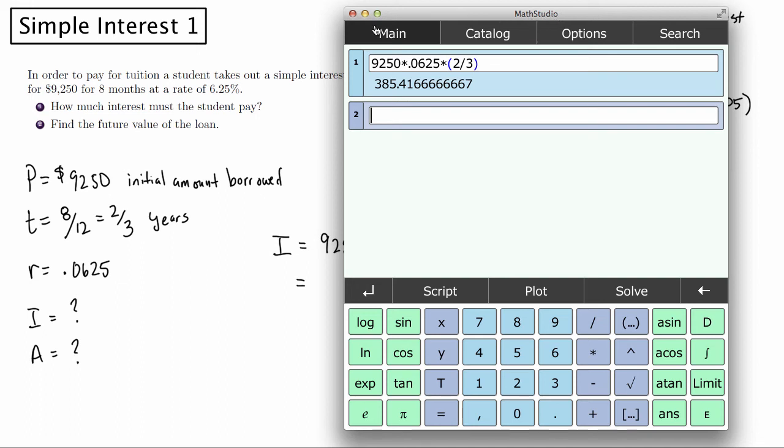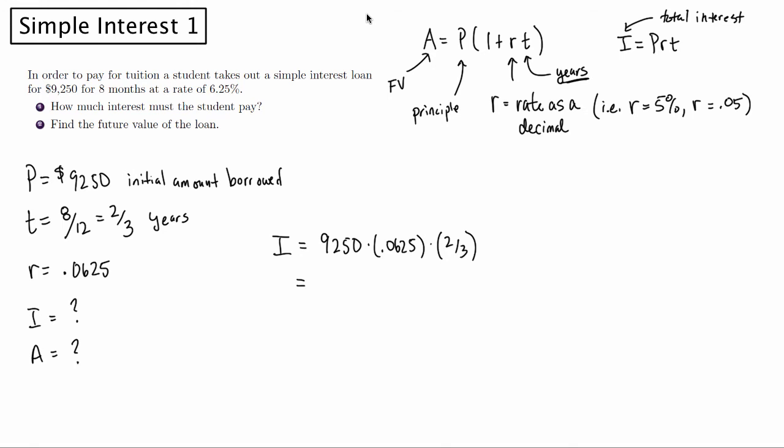So that's going to give us $385.42. So the total amount of interest is $385.42. In this case, the context is we're going to owe that amount. So the student owes $385.42 in interest.